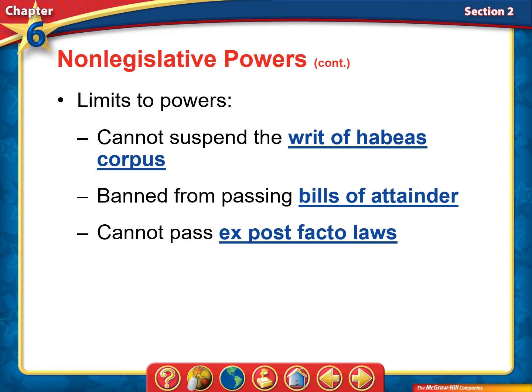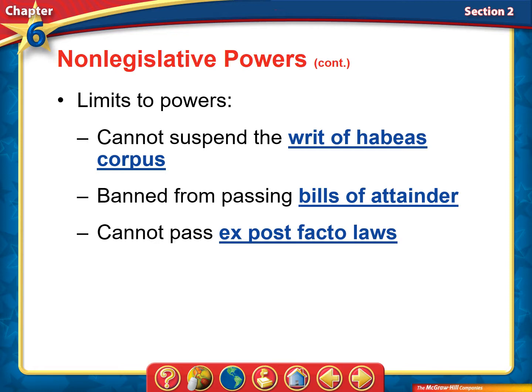This is Latin for "after the fact." This is a law that would allow a person to be punished for an action that was not against the law when it was committed. Let's say that we passed a law against blue shirts. I'm wearing my green shirt today, but Jamie's wearing his blue shirt. Jamie didn't know that it was against the rules for him to wear his blue shirt today.